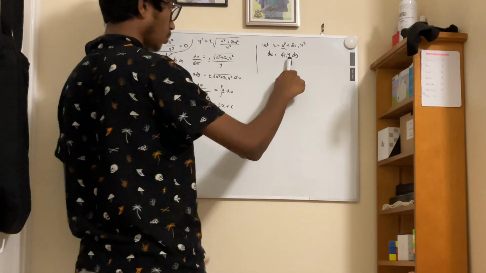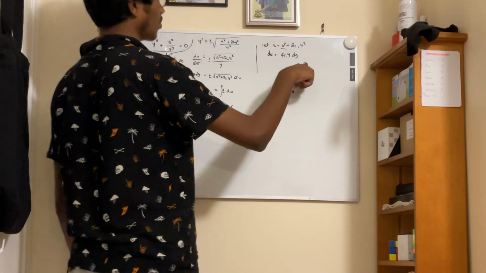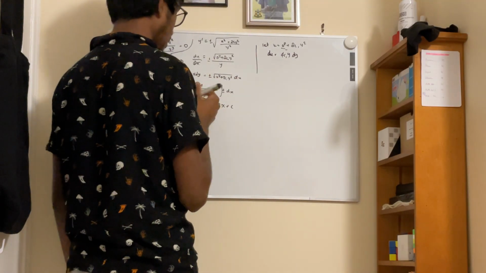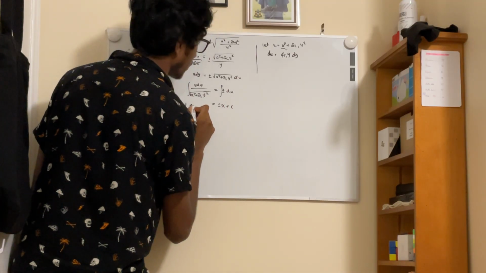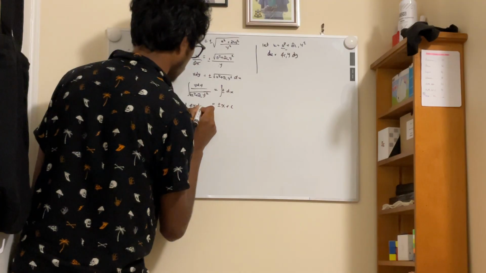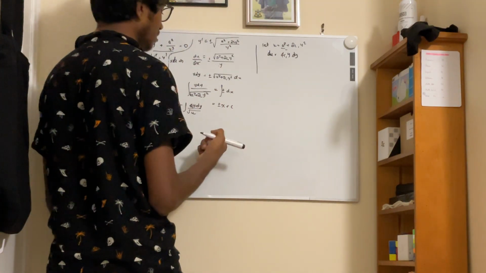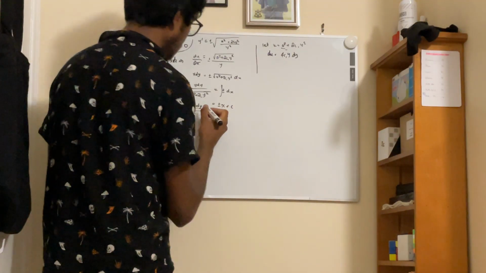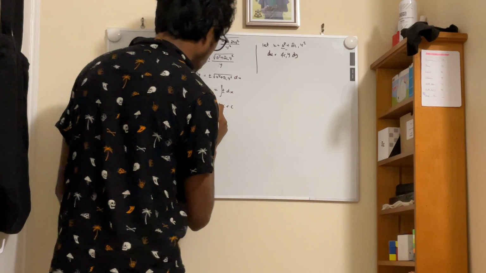The y dy cancels out, the constant doesn't really matter, easy, and then du.